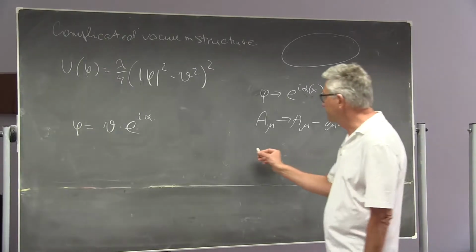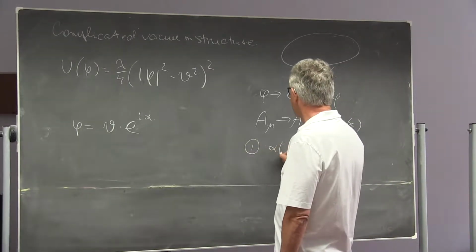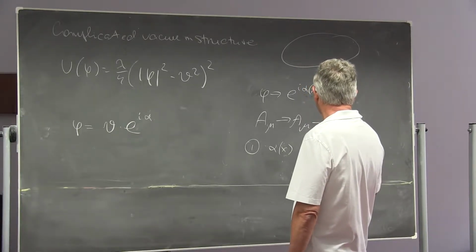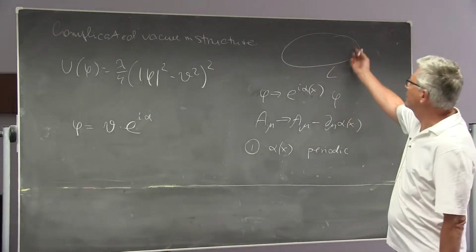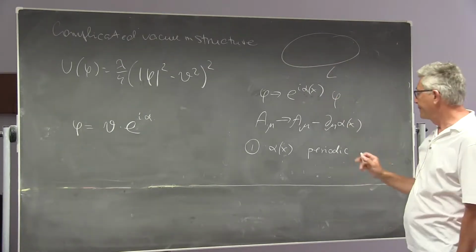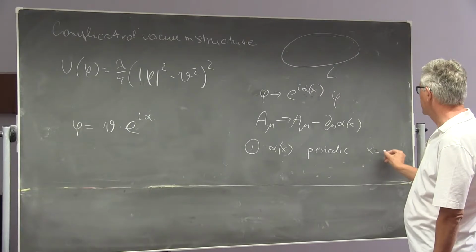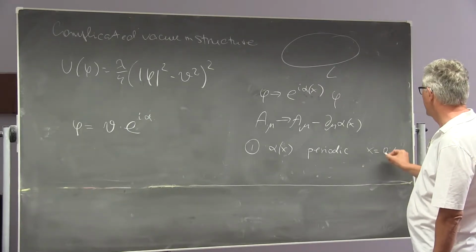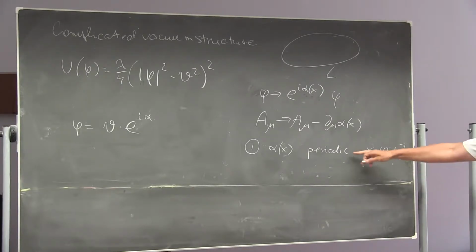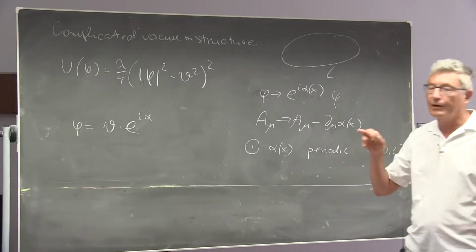The first class is the functions alpha of x which are periodic. So these are continuous functions on this circle. They are defined for x going from 0 to L. The points 0 and L I identify, and so these functions are just continuous functions.